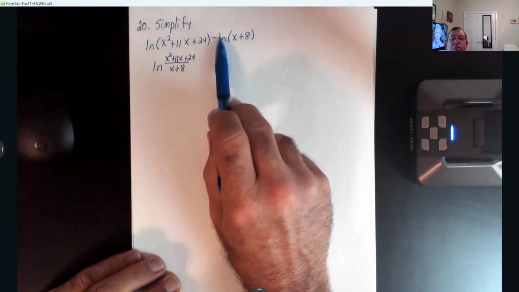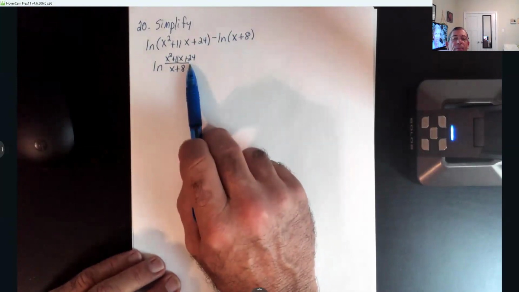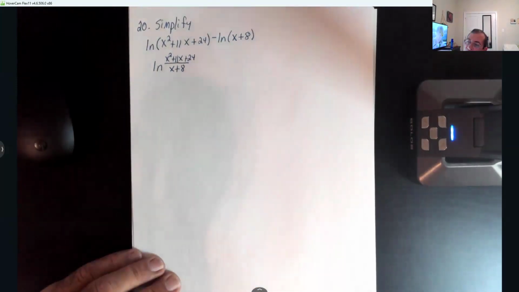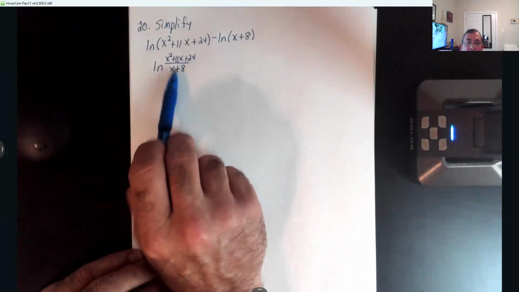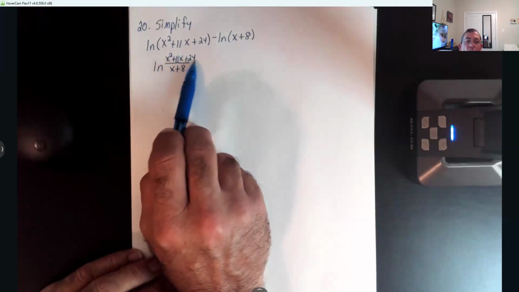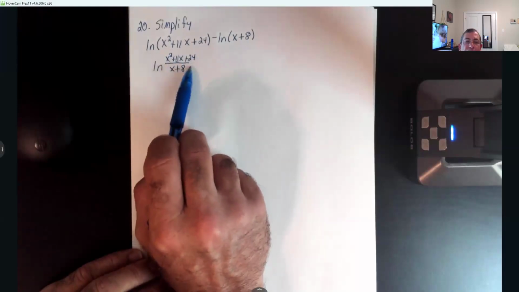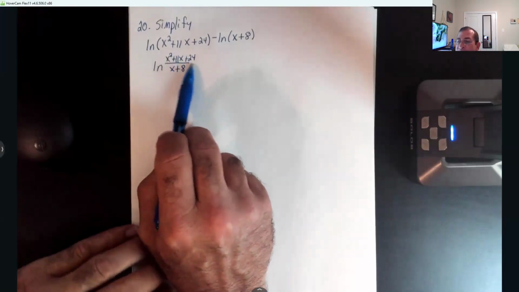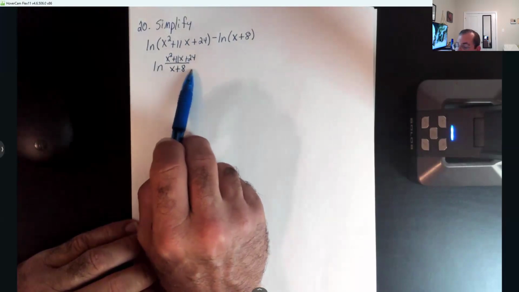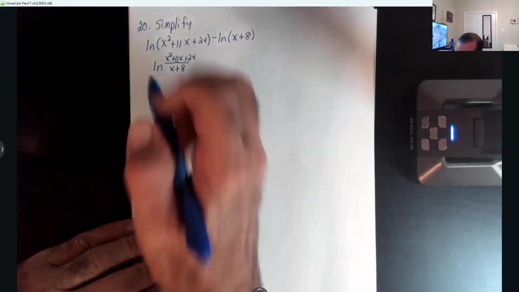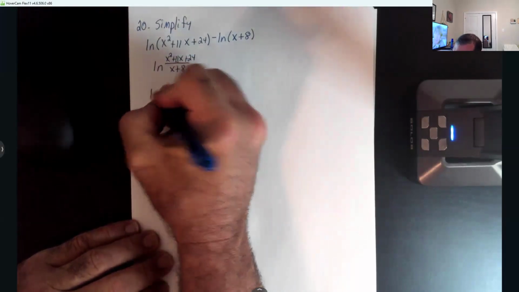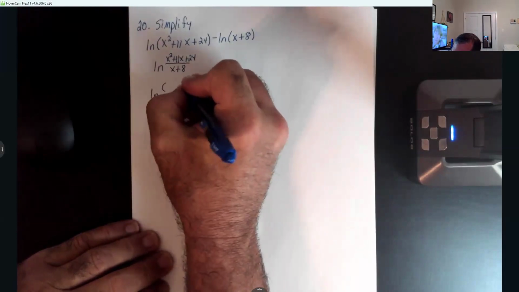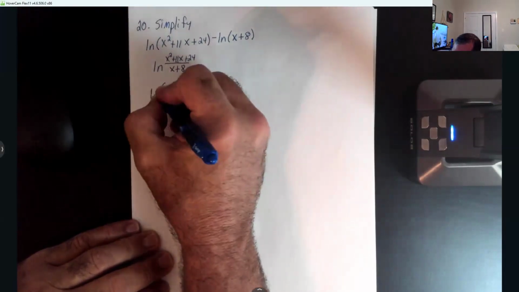So your first trick was to write it as a single logarithm. But y'all look at this one. Anytime you got quadratic equations and then other factors, you want to see if this stuff will simplify. Now, we can't really do nothing to the bottom at the moment. But the top, we're going to try to see if we can factor the top of this.